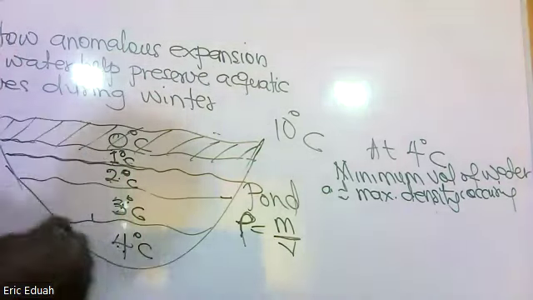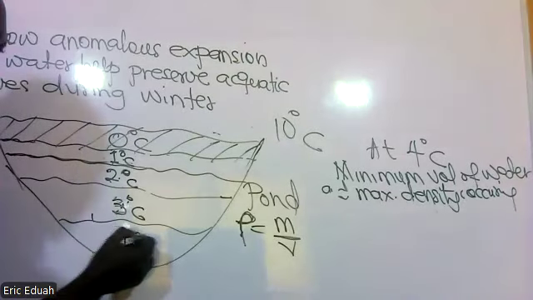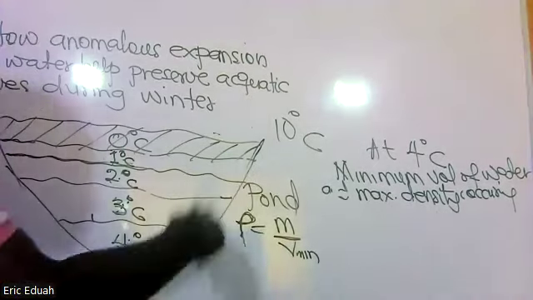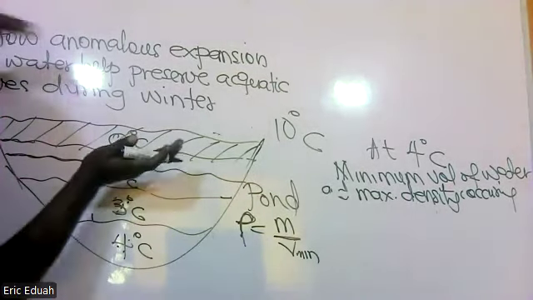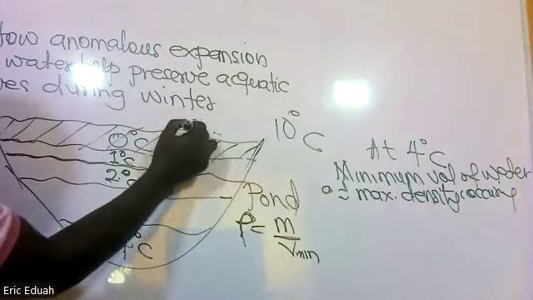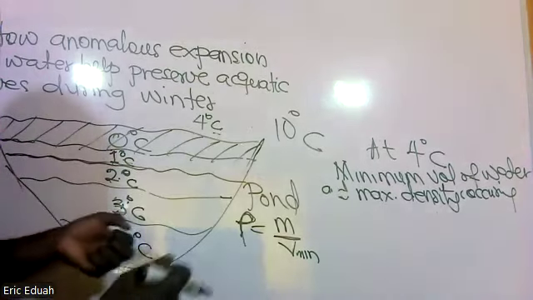Okay, thank you. By the time we get to 4 degrees Celsius, minimum volume brings about maximum density. So the topmost part of the water, which experiences a temperature of 4 degrees Celsius, will be heavier.